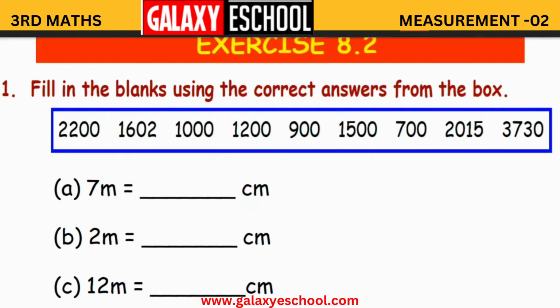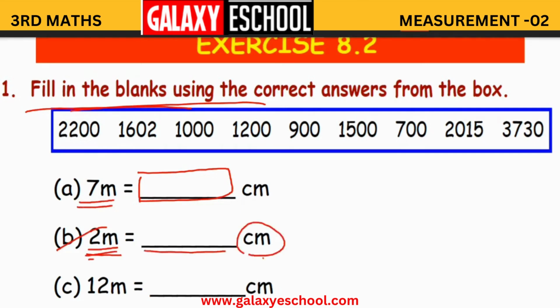And again children, if you observe here in the question, they did not ask us to convert the meters into centimeters. They have just asked us to fill in the blanks. Now by looking at the question, you have to understand what the question is. Coming to B, 2 meters is equal to dash centimeters.